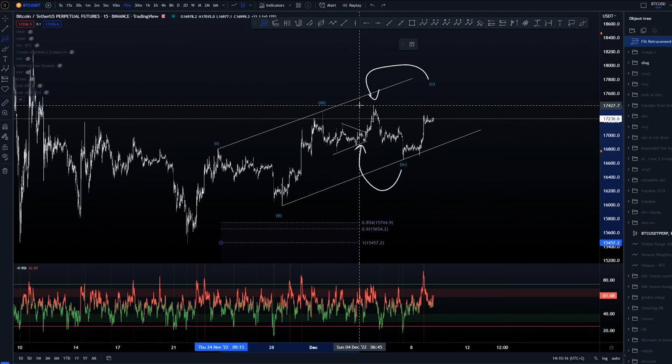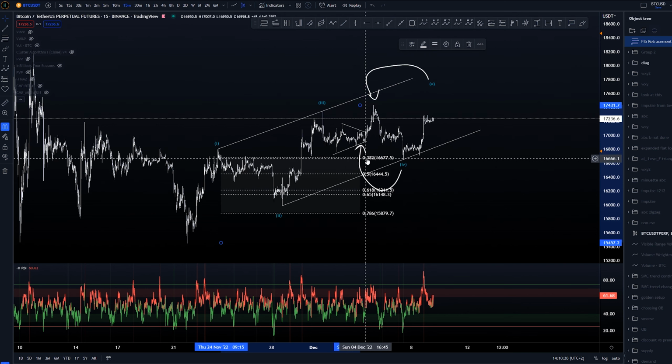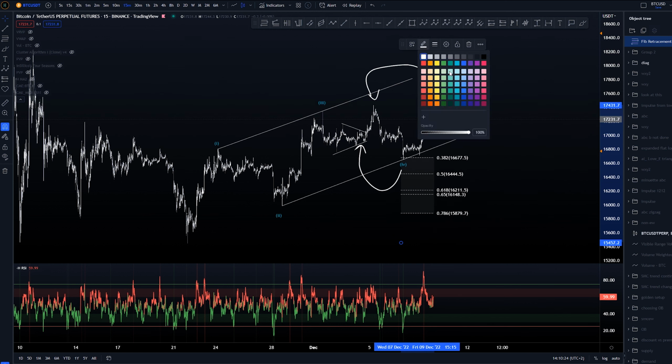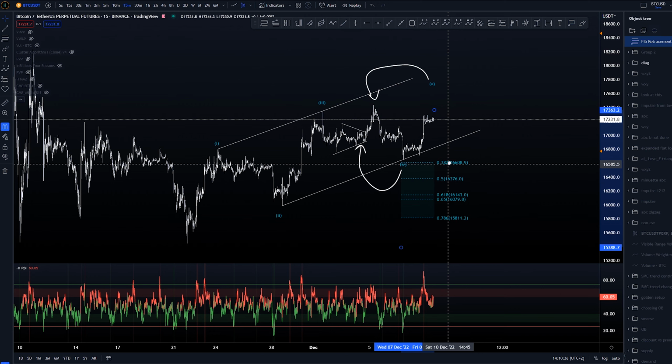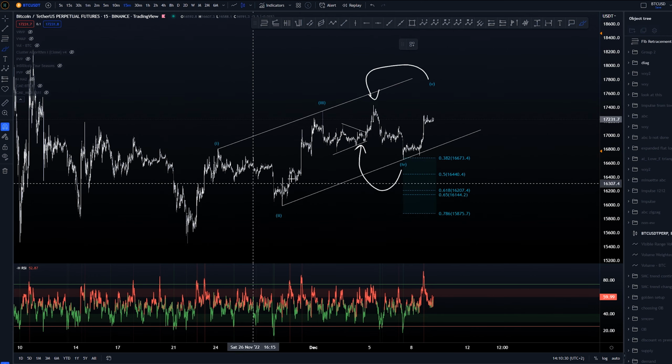If we are looking at this, we can see that it retraces right around the 38.2, which is again the minimum amount we want to see for any kind of three-way structure. However, in time, it is very small in comparison to this five-way structure.